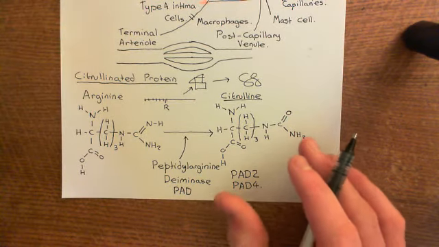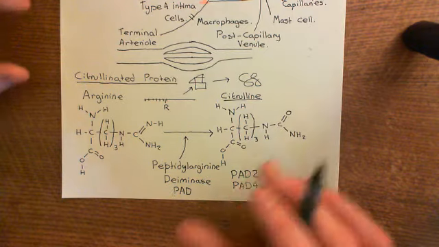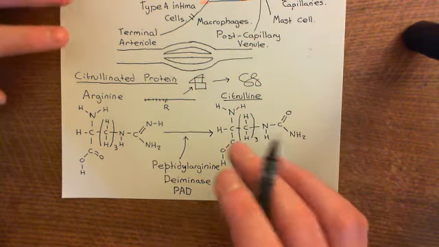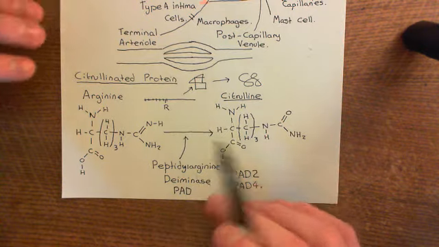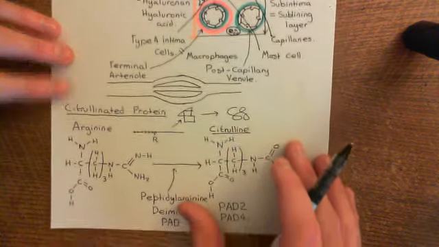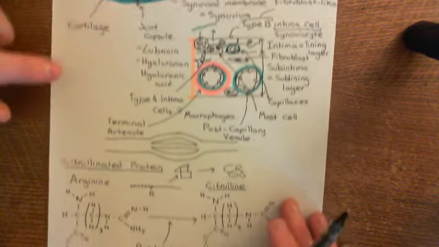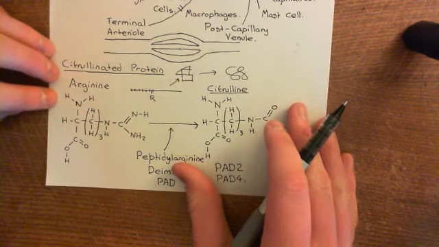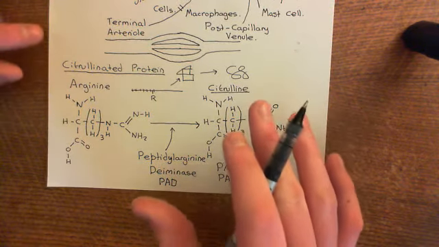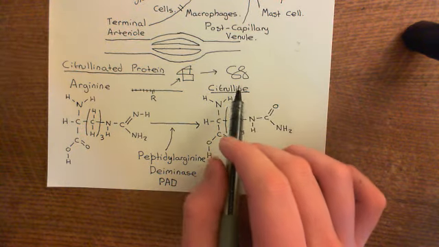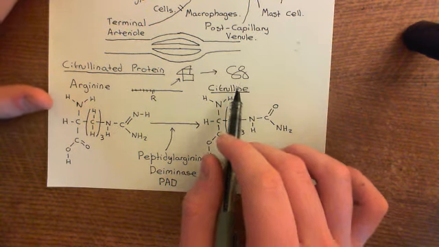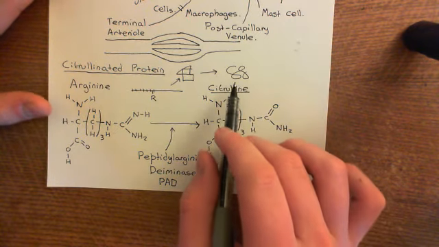So citrullinated proteins can have a very different tertiary structure than the original protein. So, in the synovial joints, many proteins are being converted to their citrullinated forms. And what's the significance of this? Well, in rheumatoid arthritis, what is going to happen is you are going to initiate a humoral adaptive immune response against a citrullinated protein.